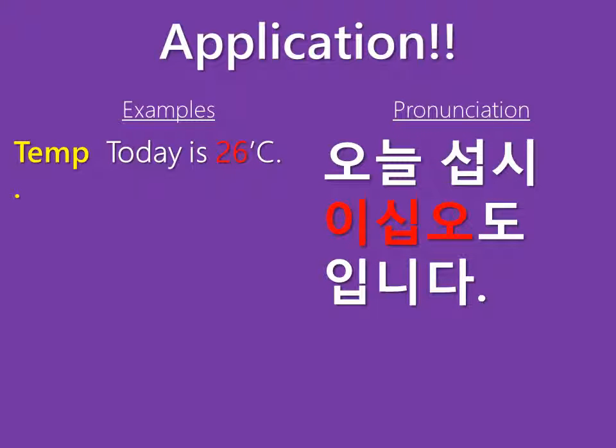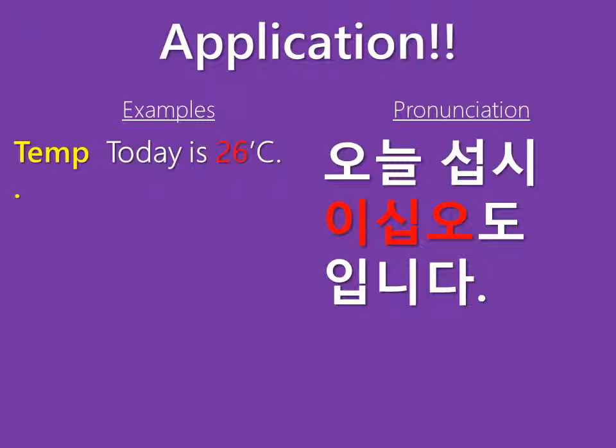Temperature as well. For temperature, we also use the Sino-Korean number system. Say today is 25 degrees Celsius, then Koreans would say 오늘, today, 섭씨, Celsius, 25도. 도 is degrees.